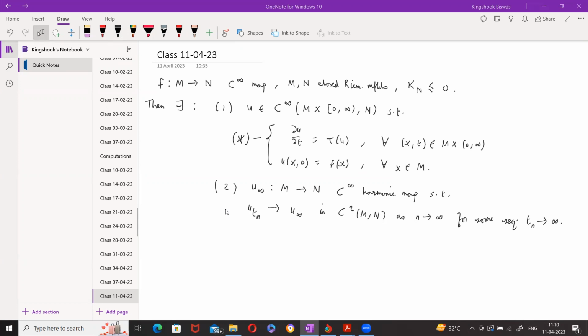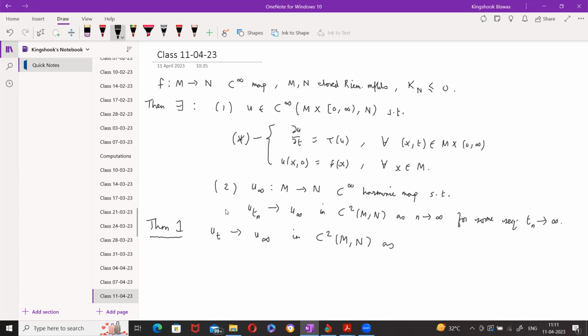Actually, we will prove the following theorem, which for the purposes of today's class I'll call Theorem 1: the whole family Ut converges to U infinity in C2 as t tends to infinity.